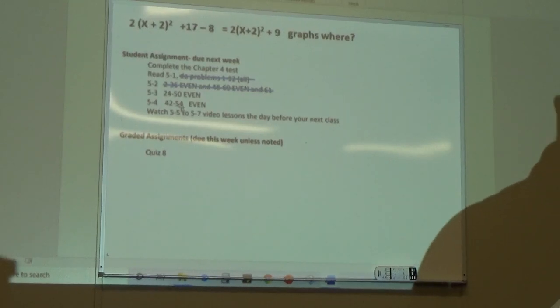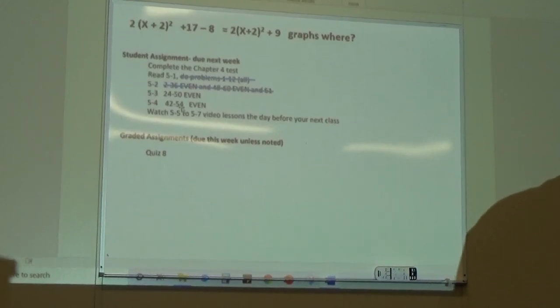You can stop at 44 on that one. And then in 5.4, you've got to be careful about negative answers. This one doesn't go to 54 yet. It goes to 25. That is weird. You can do 10 problems.